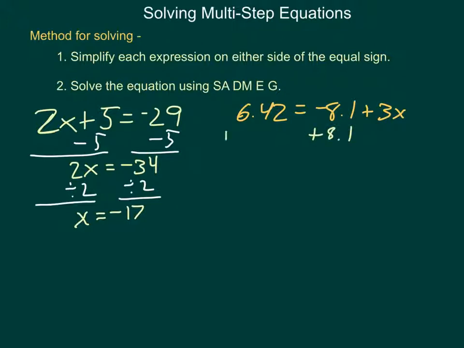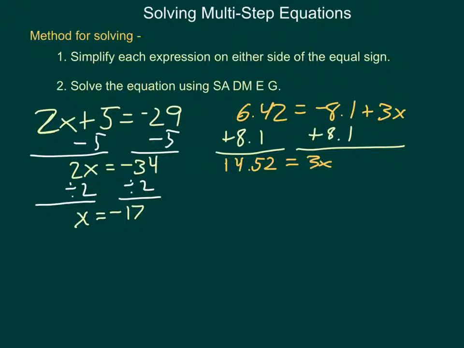A negative 8.1 and a positive 8.1 when added together becomes 0. What can you add to an equation and not change it, or add to a value and not change it? The answer is 0. So we have 3x equaling 14.52. Next, do we have any division or multiplication?